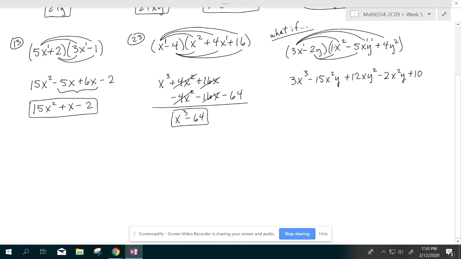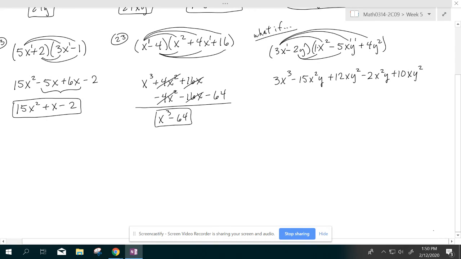Positive 10. Oh, and this time we have letters that match. y times y. So it's xy squared. We still good? Okay, last time. Negative 2 times 4. Oh, and the letters match. Yeah, y to the third. Or you can say y cubed.